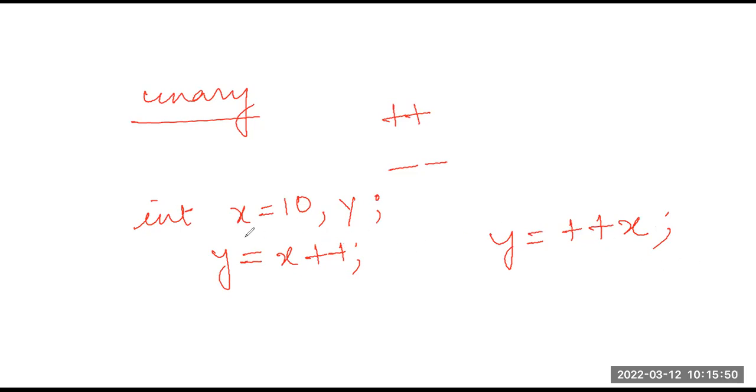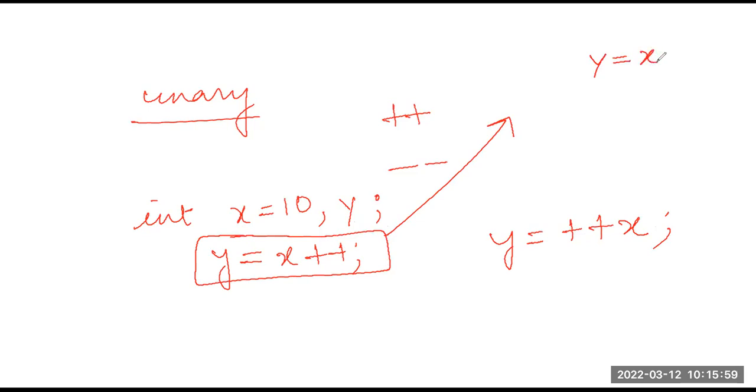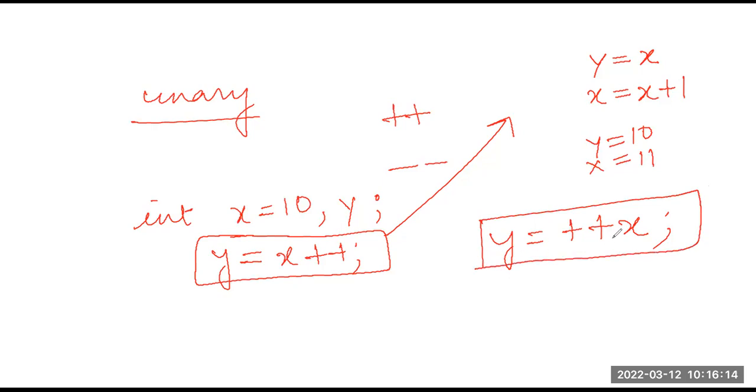What is the meaning of this statement? This statement means that y will have the value of x, and after that x will have the value updated by 1. So y value will be 10 and x value will be 11. But the meaning of this is pre-increment. X value will first be incremented, then the updated value is saved in y.